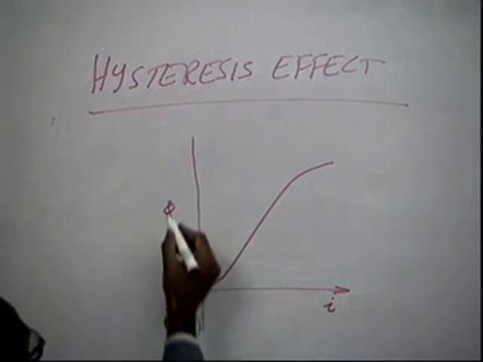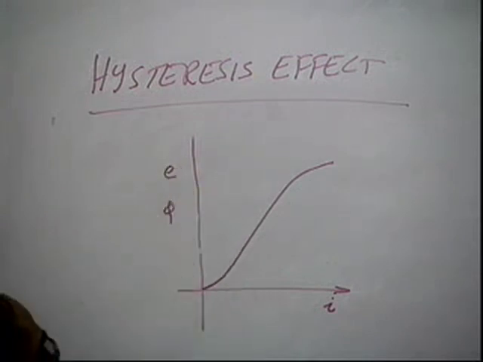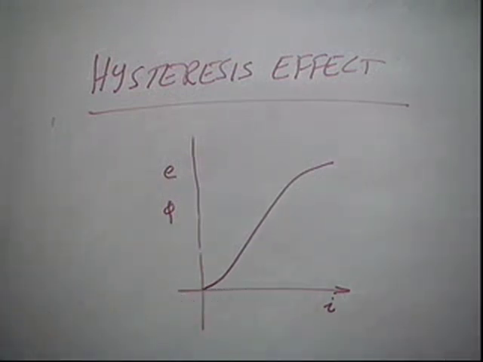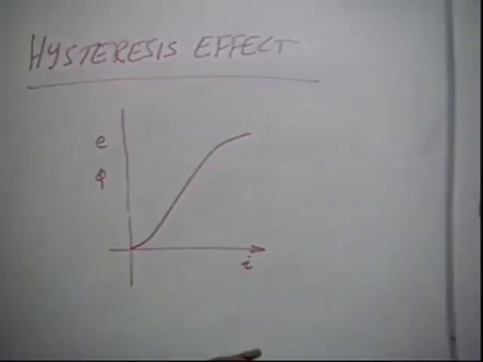It will also cause an instant E, because whenever there is a flux there is also an E. And the energy input from the source is what?